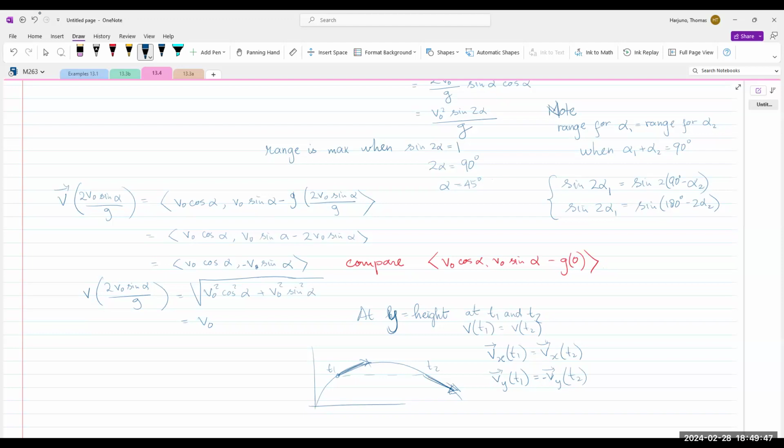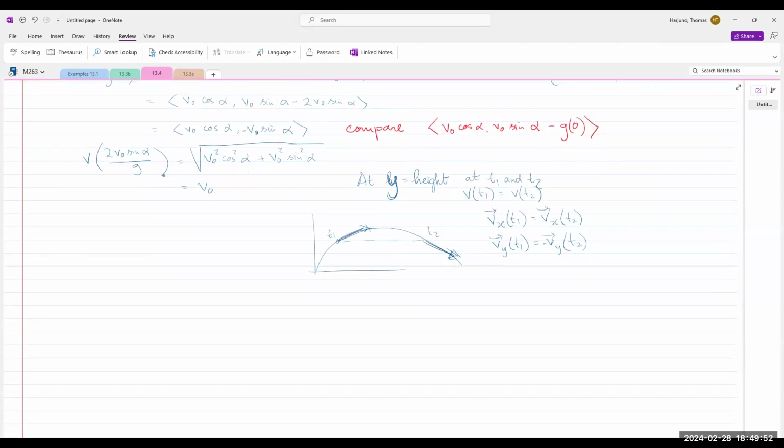Now, how do we find the angle then? Suppose we want to shoot something in the air, and you shoot it here at t1. Can we find the angle of impact? So when your stone or your projectile happens to hit that drone, for example, at what angle of elevation do you hit it? The angle of elevation at time t will be equal to the y component over the x component.